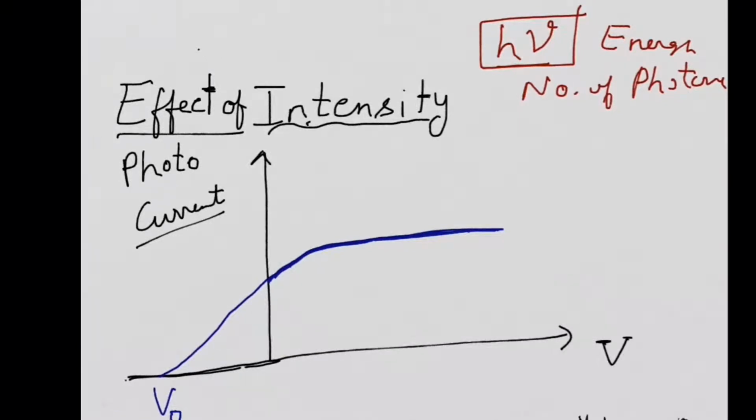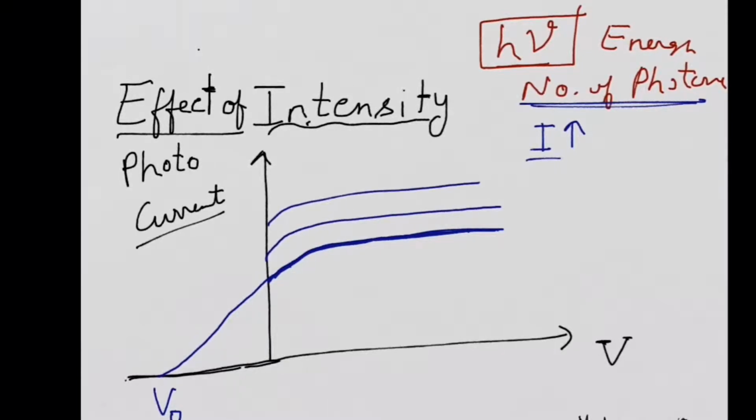Now, if we increase the intensity further, the number of photons increases and hence the photoelectric current also increases, and the saturation current also. This way we will have different curves corresponding to different values of intensity such that I3, here I represents the intensity, not the current, is more than I2, more than I1.